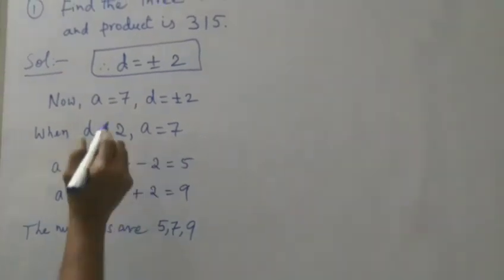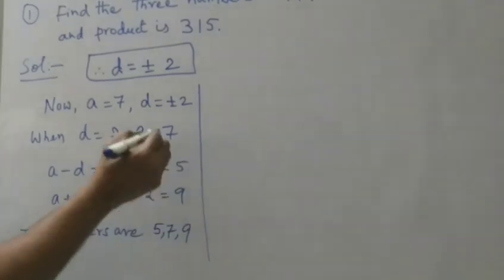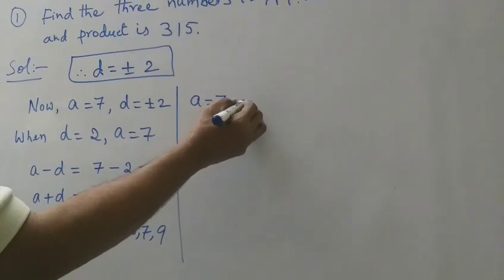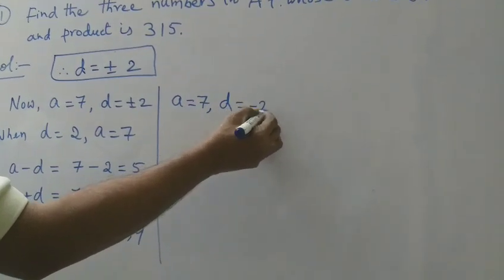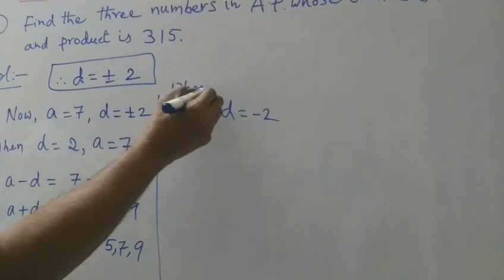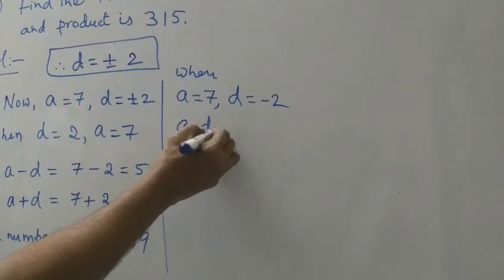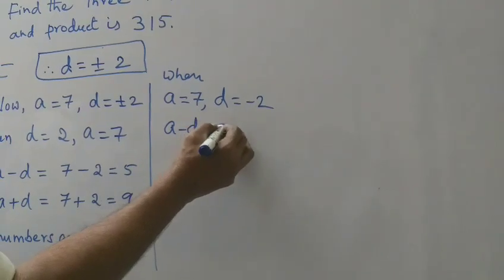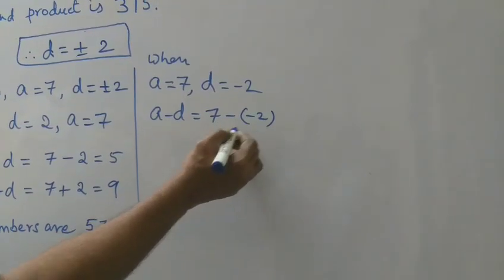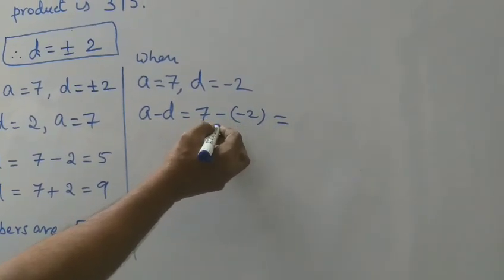Similarly, we have to take d is equal to minus 2. A is equal to 7 and d is equal to minus 2. A minus d is equal to 7 minus of minus 2. It becomes minus into minus plus, 7 plus 2, 9.